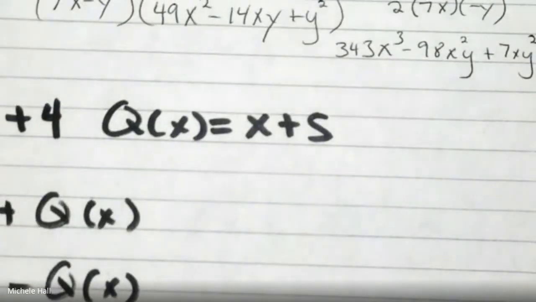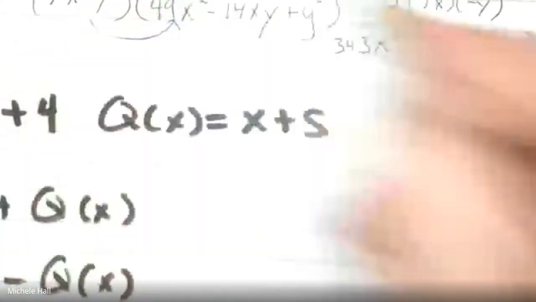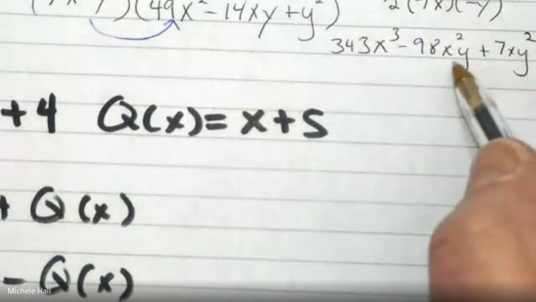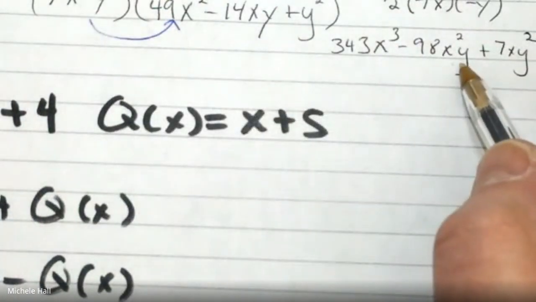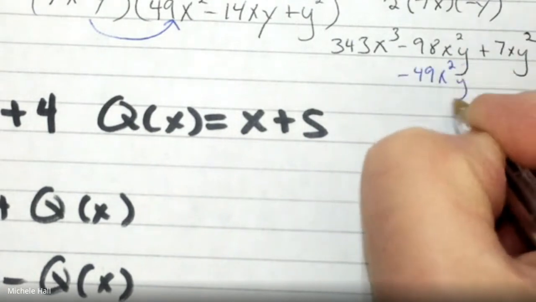And now I'm ready to move on to the other term. So I would have negative y times 49x squared. So I have an x squared y. I'm looking for x squared in a y column right here. And that would be negative 49x squared y.